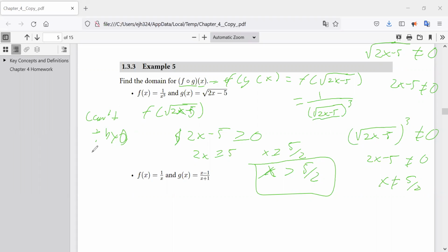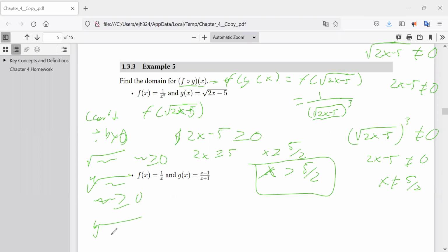And then another one that comes up very often is that the inside of the square root has to be greater than or equal to 0. You can't take the square root of a negative number. This is by far the most common thing that comes up, but actually if I give you any even root, so the fourth root, then that also has to be greater than or equal to 0.